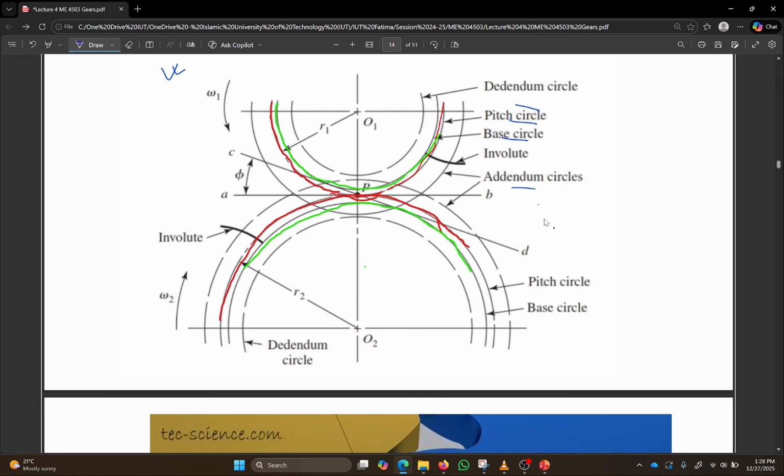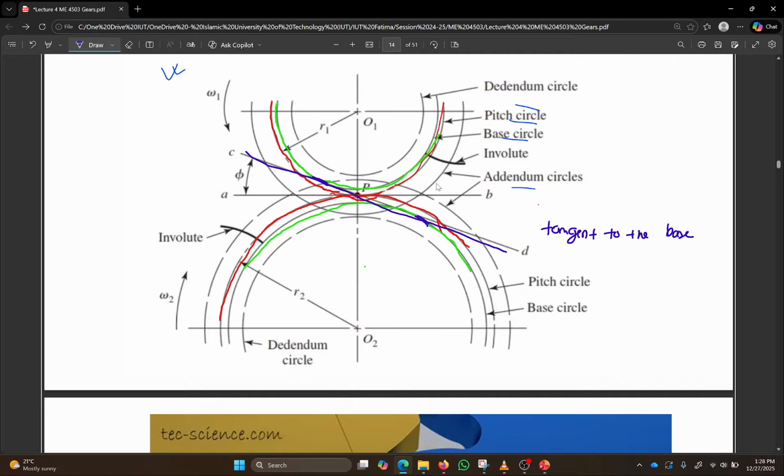Now you will see the interesting fact that the line of action is where the teeth always have to remain in contact, right? If you draw the line of action, you can see that at this point and at this point it's tangent to the base circle.